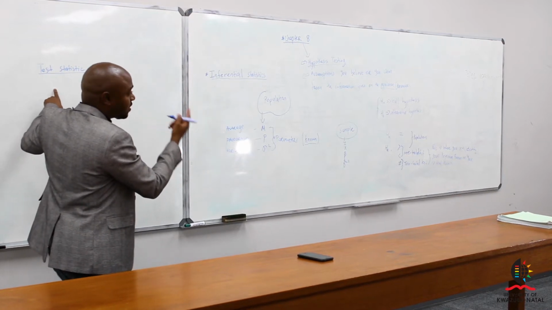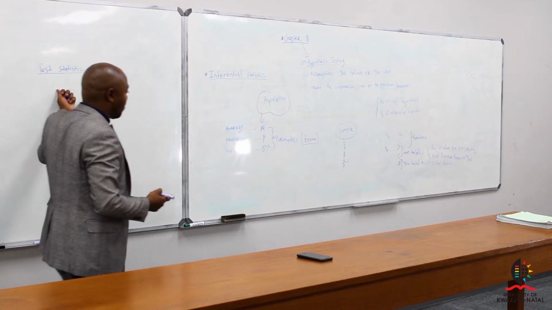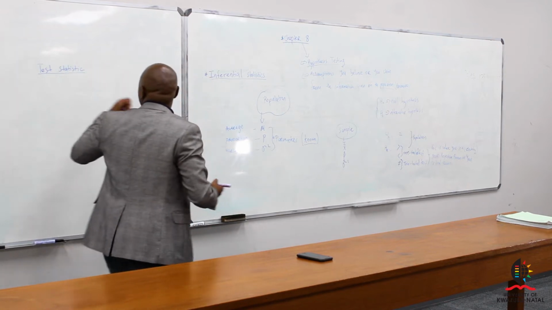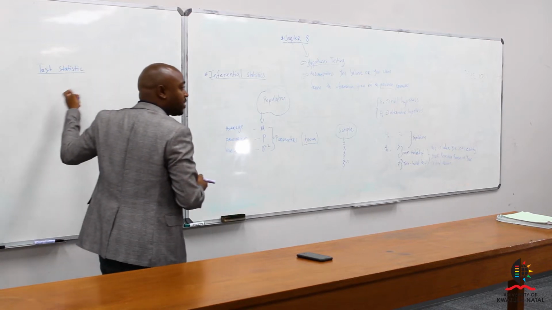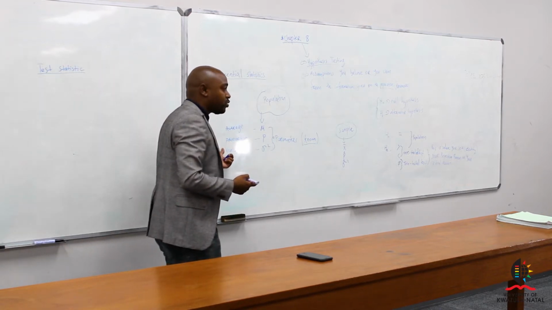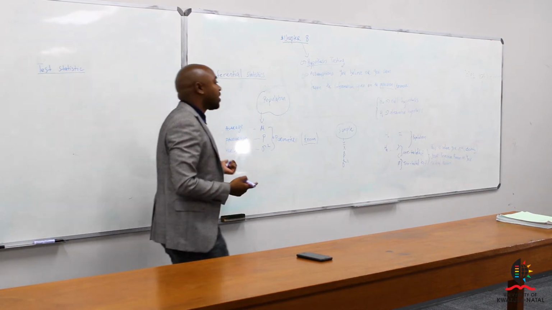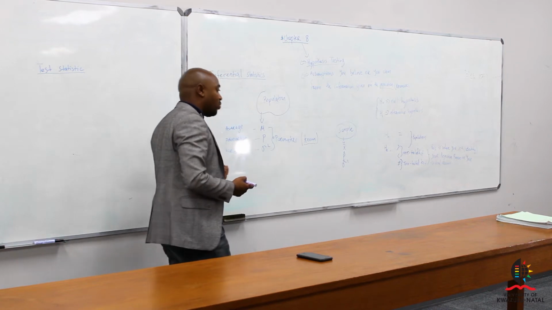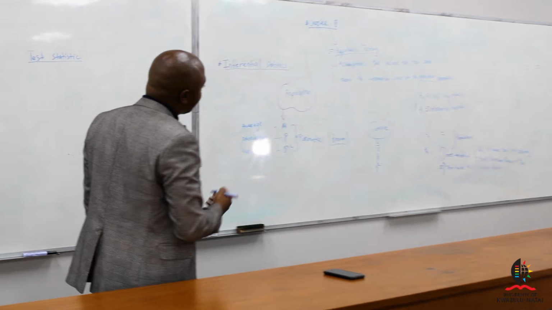If your hypothesis test is based on average, your test statistic must be based on average. If it's based on proportion, your test statistic must also be calculated using proportions. If it's based on variance, your test statistic must also be calculated based on your variance, which is your chi-square.